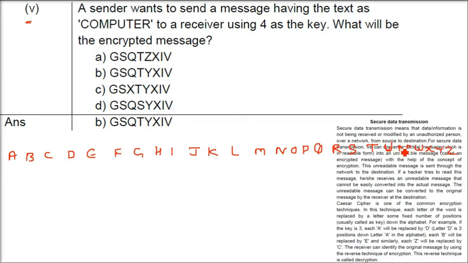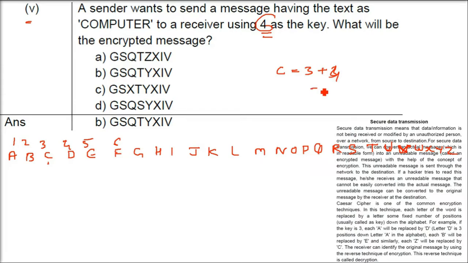Okay. Now you see that the key is 4 and we have to do it for the word computer. Let us write these positions also, because you just have to add 4 to the position. C is at position 3.